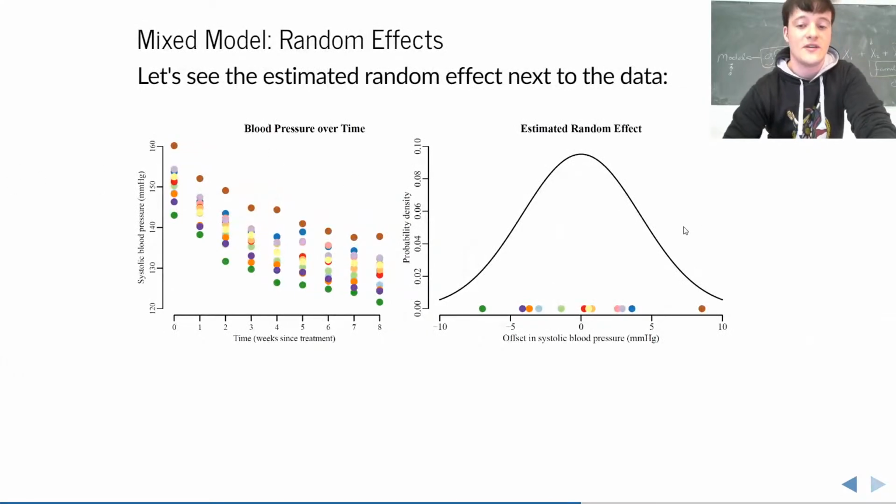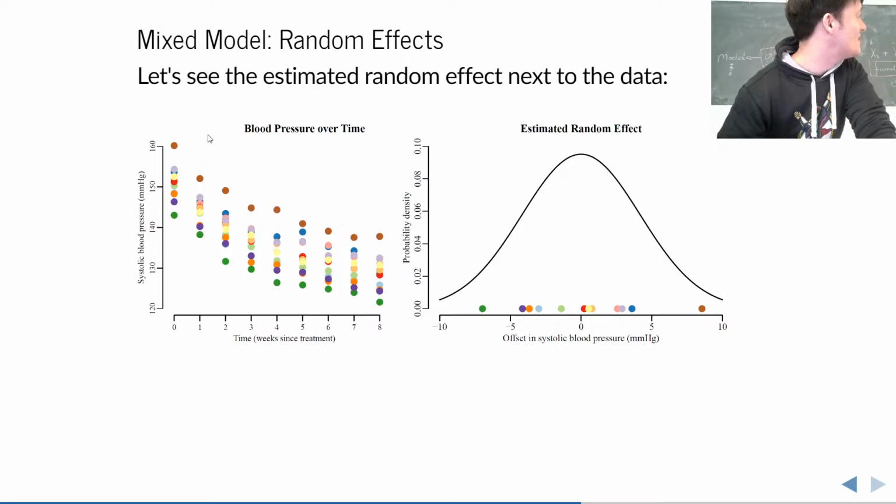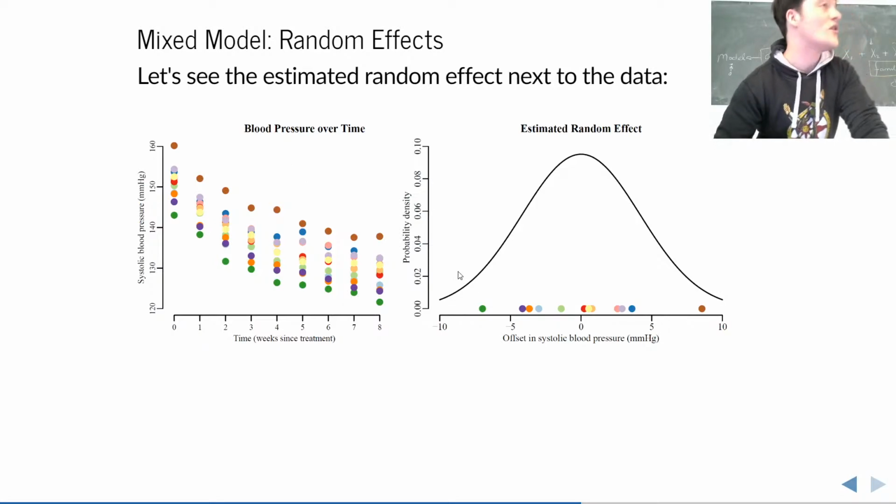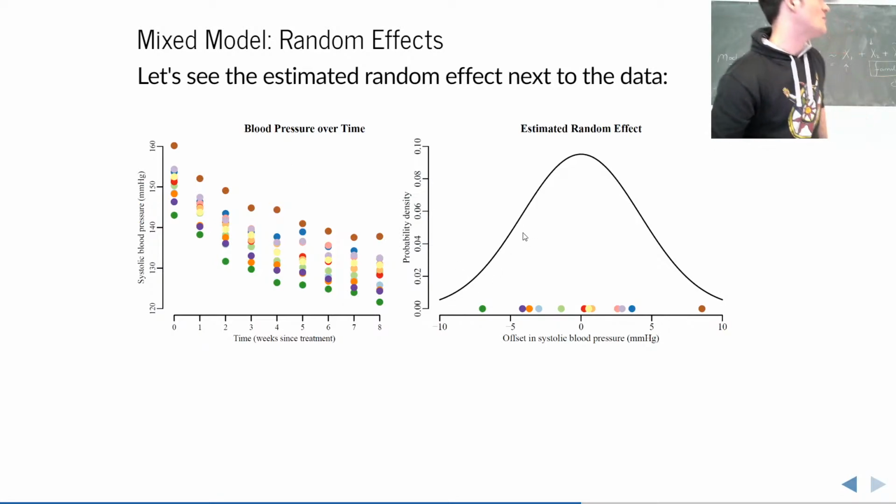Then we can plot them next. This is much easier. We can put them next to each other, and you can see that indeed the highest one is the brown one, over here, and the lowest one is the green one, over here. What did this model do? It estimated a normal distribution with a mean of 0 and a variance for the patients.